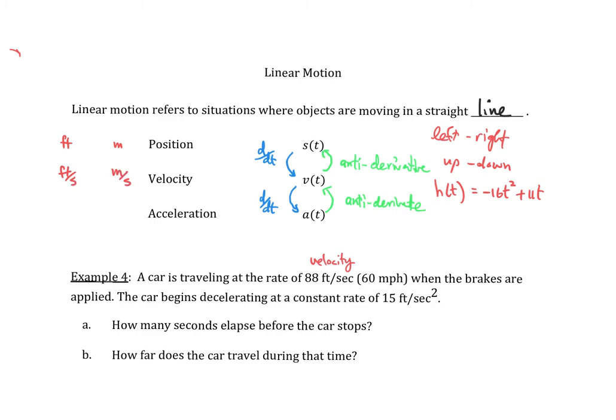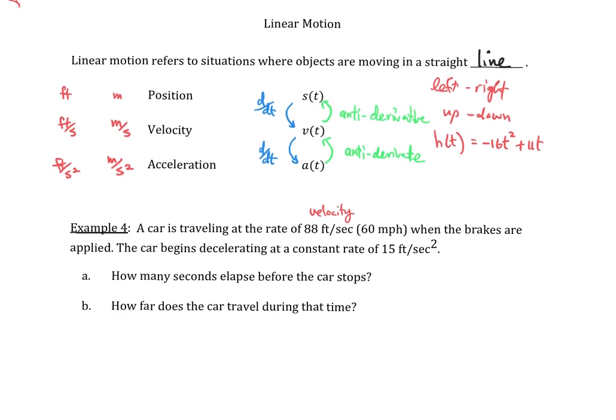And then acceleration is the rate of change of the velocity per unit time. So this would be feet per second squared, or meters per second squared, because it's like meters per second per second. So these are the different units we have for the different types of motion.